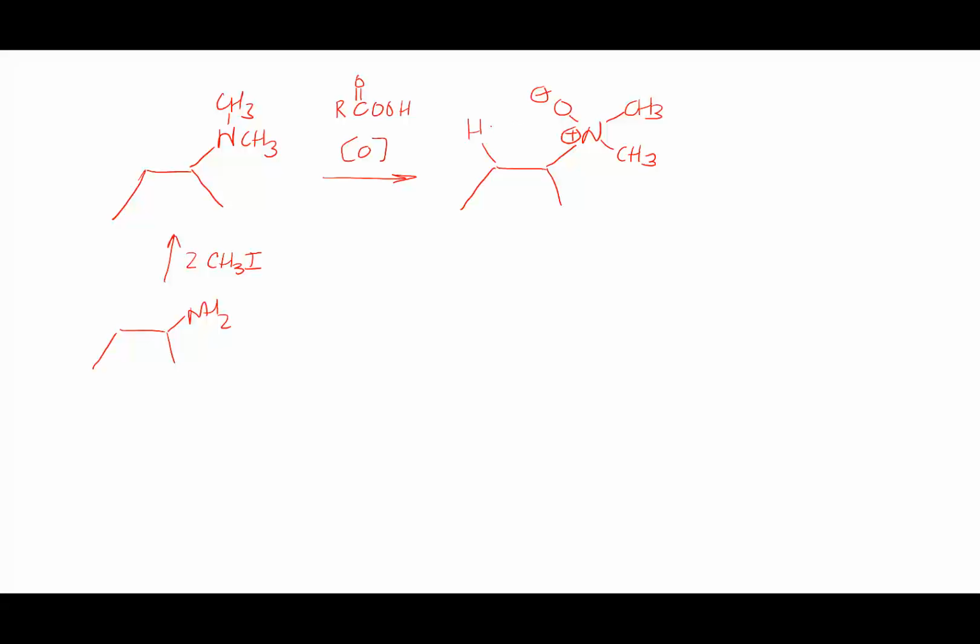So here's what happens, and then we'll talk about this more. Now this O- comes over and grabs the beta hydrogen. They're all in the same plane. Then this pair of electrons moves here, and then that pair of electrons goes to the nitrogen. And the carbon that's going to lose the hydrogen will be the one that's least substituted.